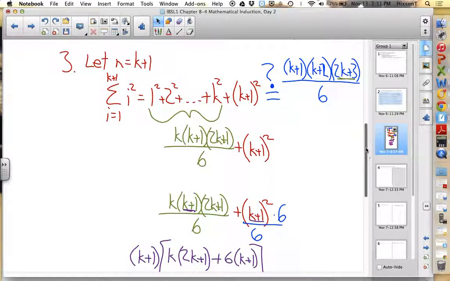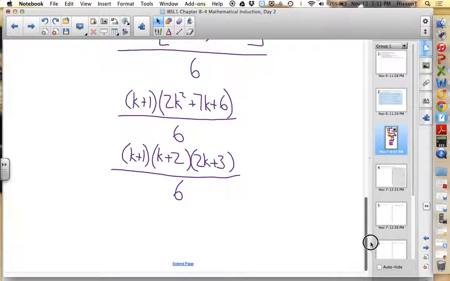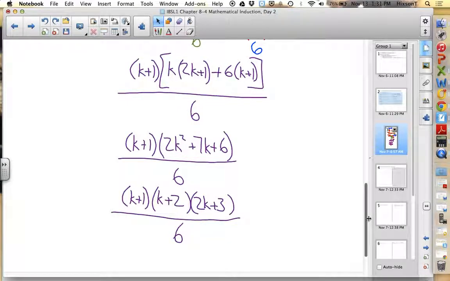We know it's supposed to factor into this, so let's double check to make sure it actually does. k times 3 is 3k, 2 times 2k is 4k, that gives me a 7k in the middle. k times 2k is 2k squared. 2 times the 3 gives me the plus 6. So I know this is factored correctly.